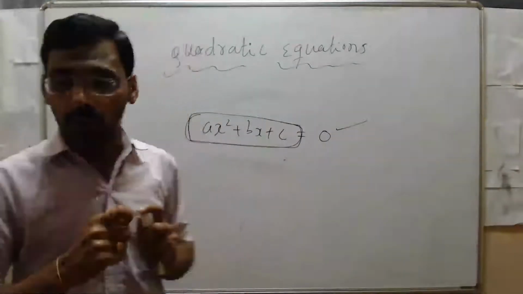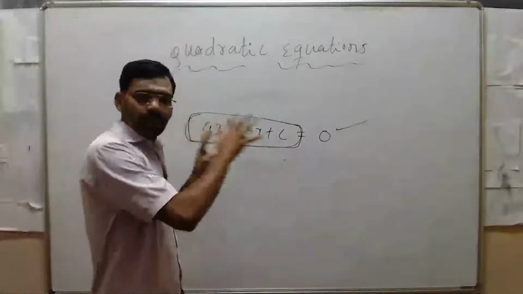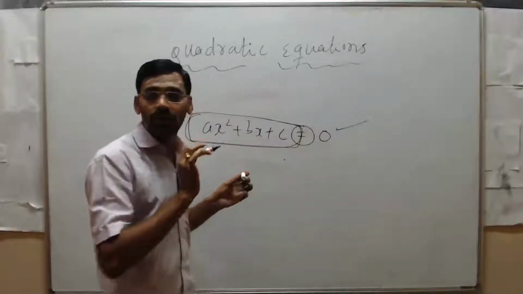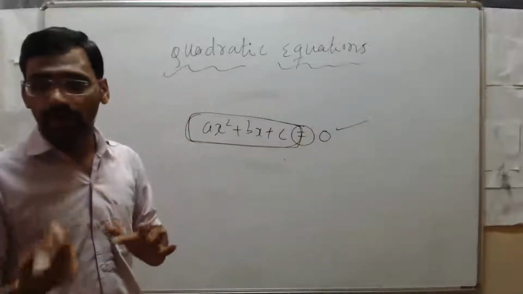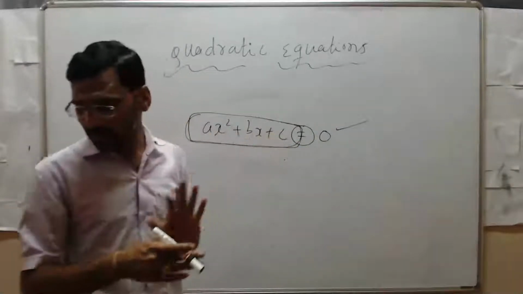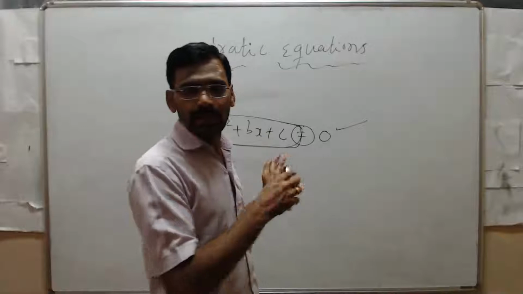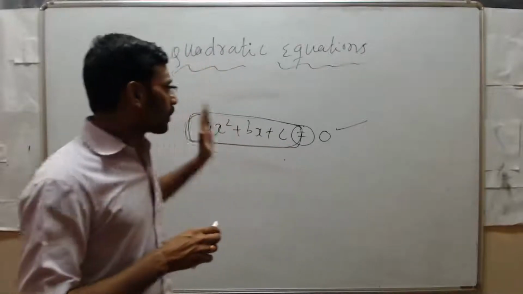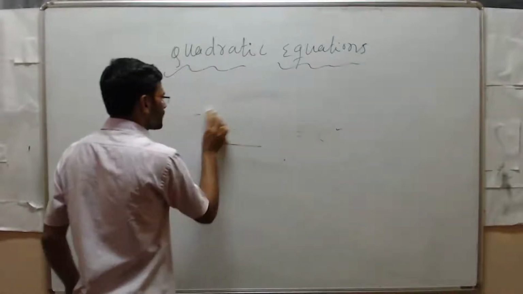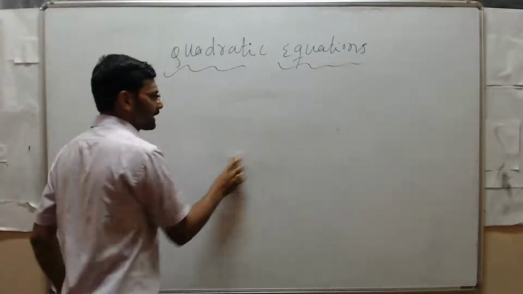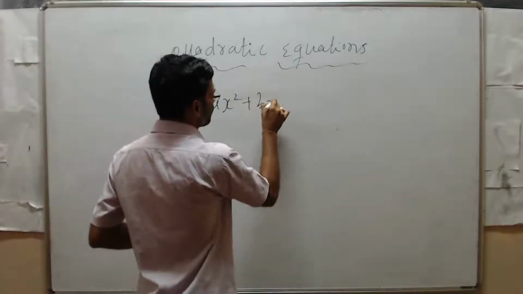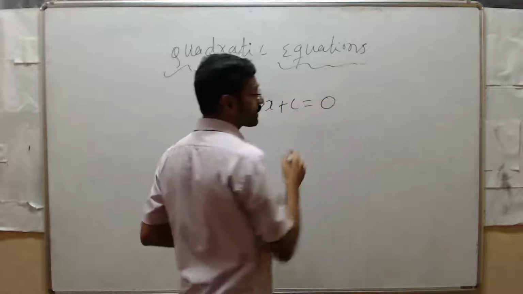Any representation having an equal to sign, only then do we call it an equation. We need this sign, only then are we able to consider it an equation. What is a quadratic equation? A quadratic polynomial equal to 0 is considered a quadratic equation: ax square plus bx plus c is equal to 0.